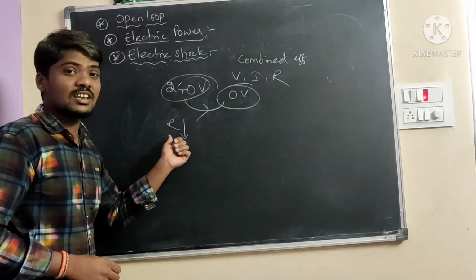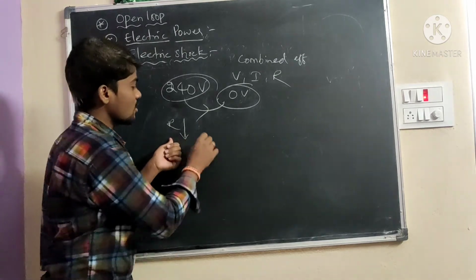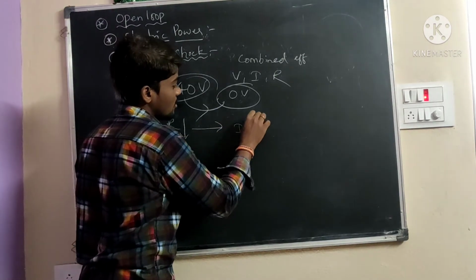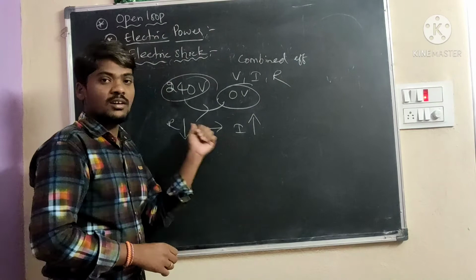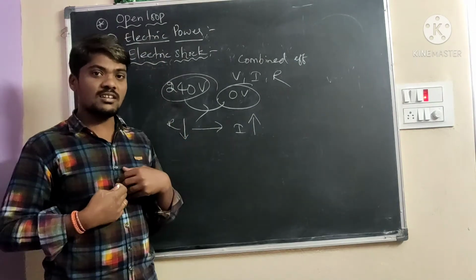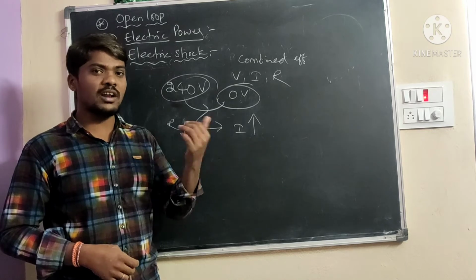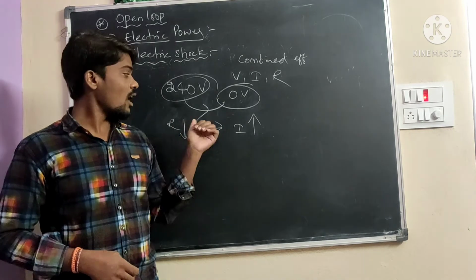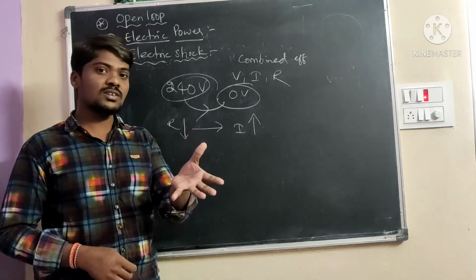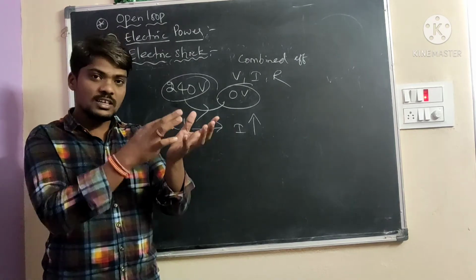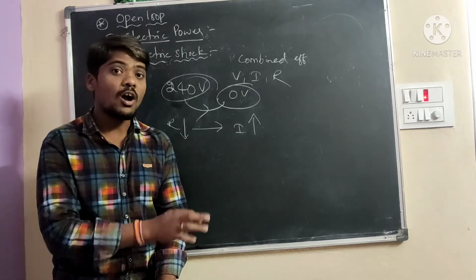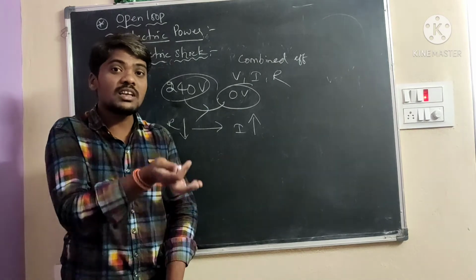Whenever resistance decreases, current automatically increases. The resistance of organs and tissues decreases because the current burns them, and so the current increases.